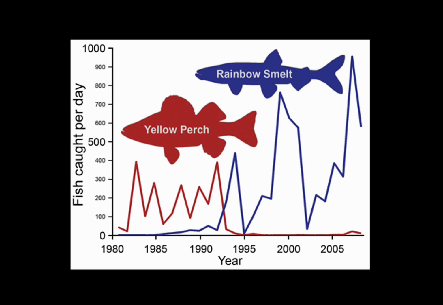Okay, good. But Tim, help her out. What's the takeaway? It's that the amount of yellow perch is decreasing, but the amount of rainbow smelt is increasing. That's right. So they're rarely both abundant at the same time, is the story here, right? There's either a yellow perch era or a rainbow smelt era.